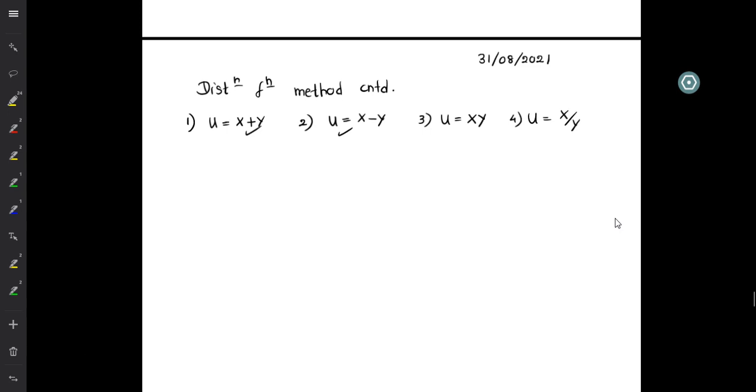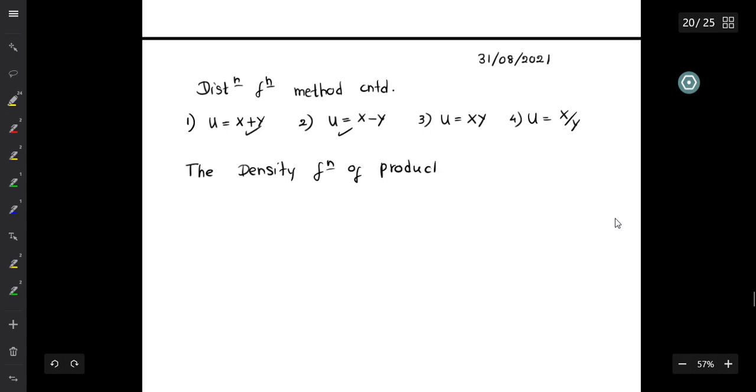Okay, so let's start with the product. So we need the density function of the product of two random variables.